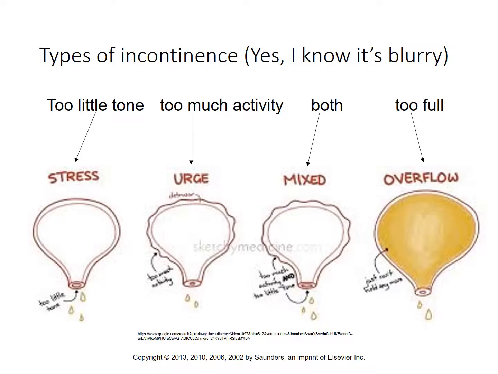How about for mixed incontinence? There's a mixture of both problems. There's too little tone in the bladder, and also there's contraction happening, so the patient is leaking. Overflow incontinence is when the bladder gets so full and then it starts leaking. We'll talk about each one in turn.